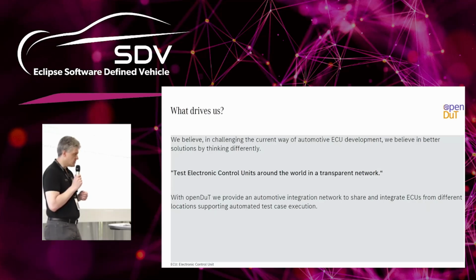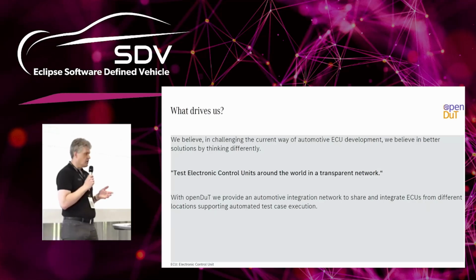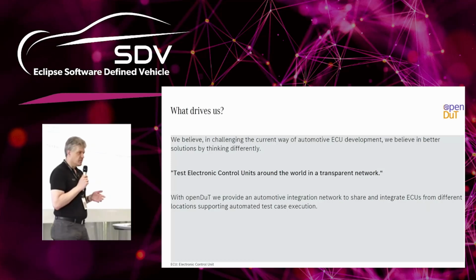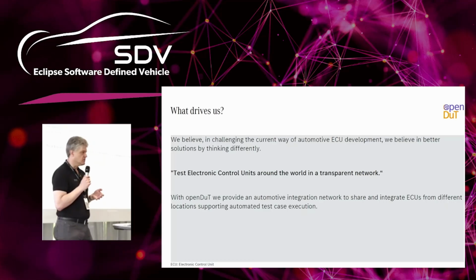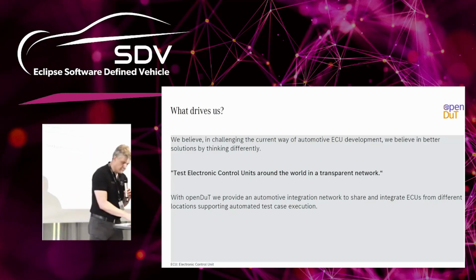And how do we do this? We do this with openDuT. openDuT will provide a framework that will be able to integrate those different ECUs in such kind of network, will provide means for test automation and validation of the functionality of the different ECUs. That being said.